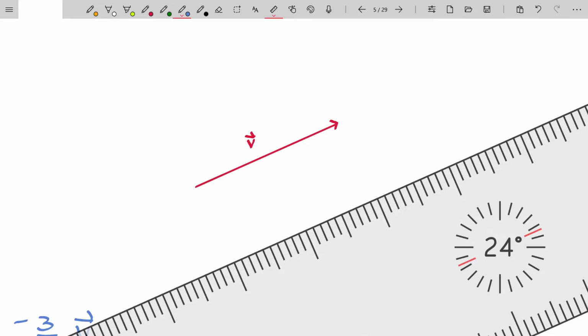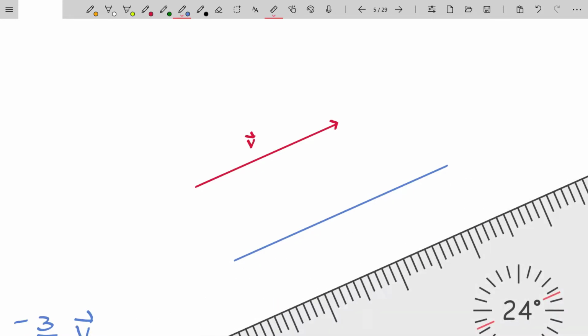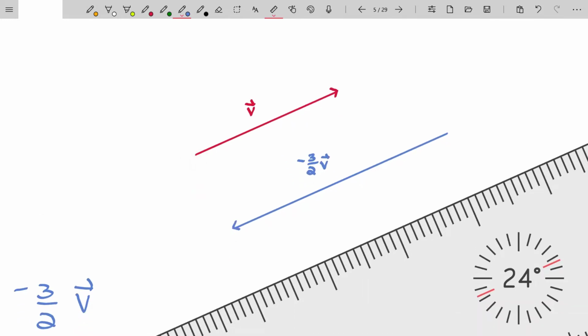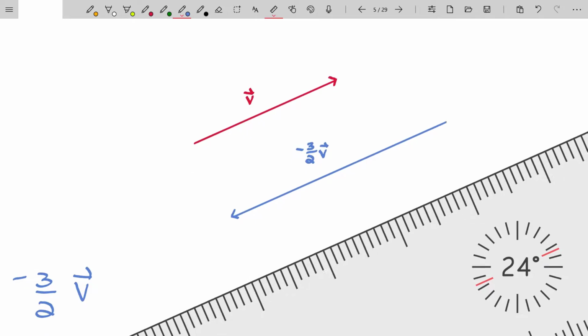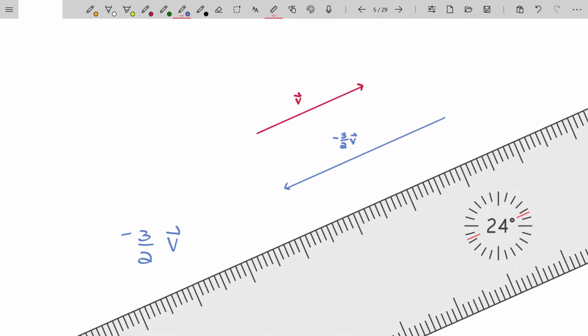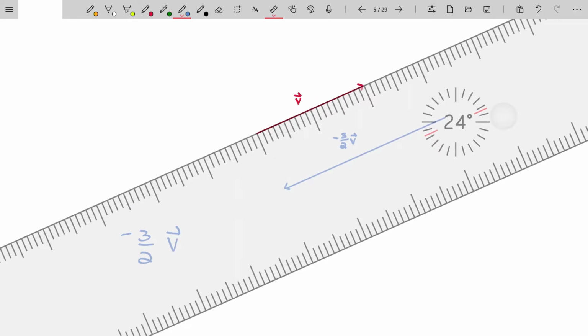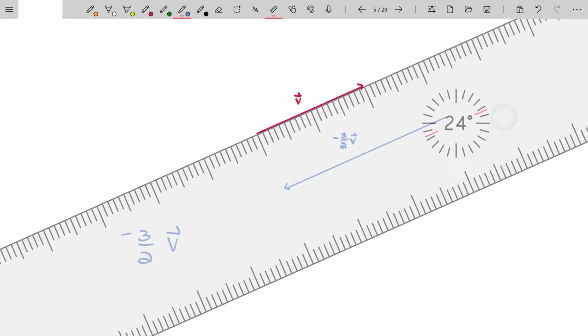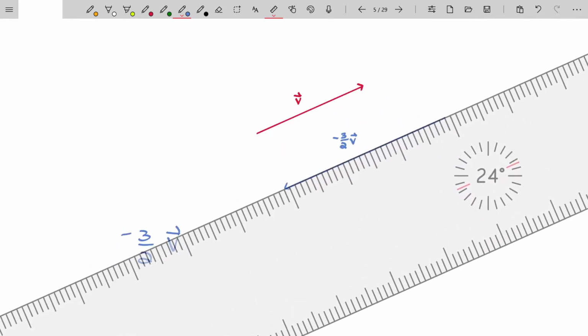Let me go ahead and draw that blue vector in. I'll start up here. 1, 2, and 3. So there's my vector of length 3. So far, I have 3/2 V. I want it to be negative though, which means it'll just point in the opposite direction. There you go. That is actually negative 3/2 V, because V was of length 2, and I want something 3/2 that size.